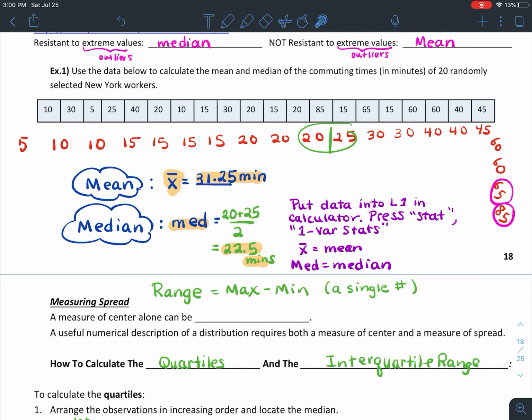If you put this data into L1, and then you press that same stat button, but this time you want to go over to the calculate menu, you would pick option 1, one variable stats, and I think it'll ask you where your data is, and across from list you would want to say L1, and then it's going to just spew out all of these calculations.